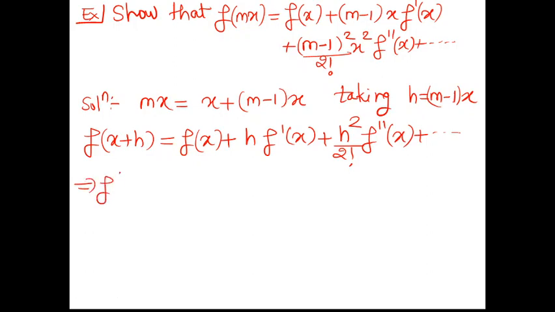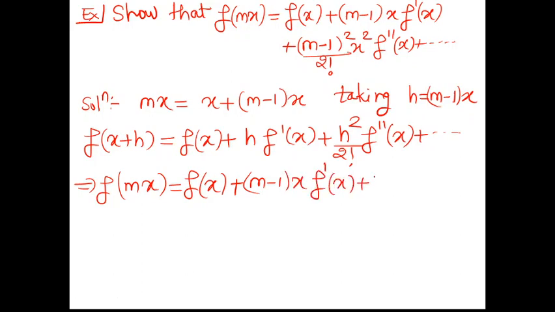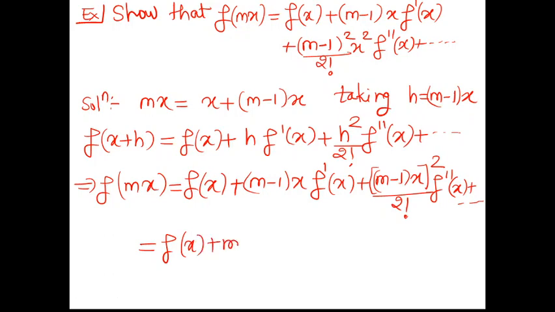So we have f of mx is equal to f of x plus h, which is m minus 1 into x, f dash of x plus m minus 1 into x whole square upon 2 factorial into f double dash of x and so on. We will write one more term and you can see we will get the desired result.